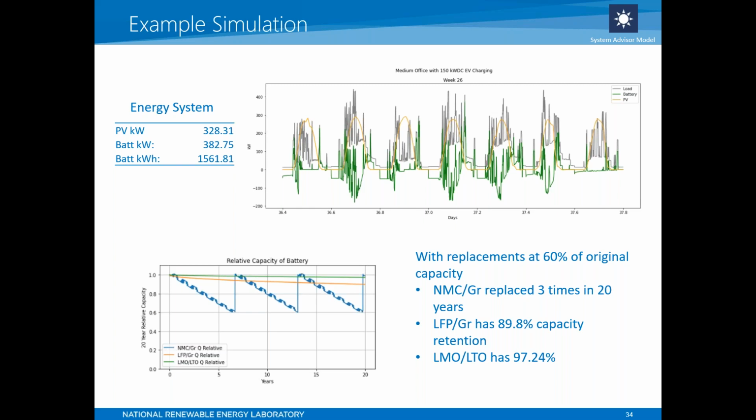So the ability for the battery to meet its performance requirements, and also the salvage value at the end. And therefore it could affect metrics such as LCOS and LCOE.